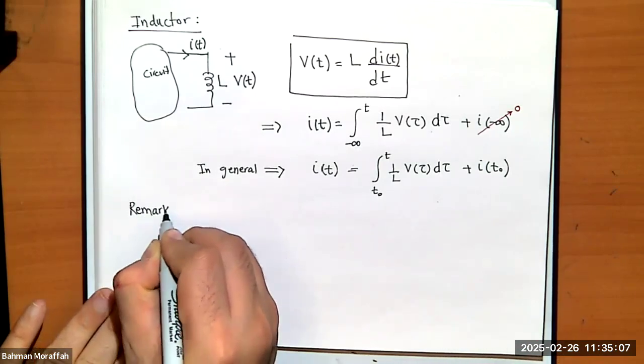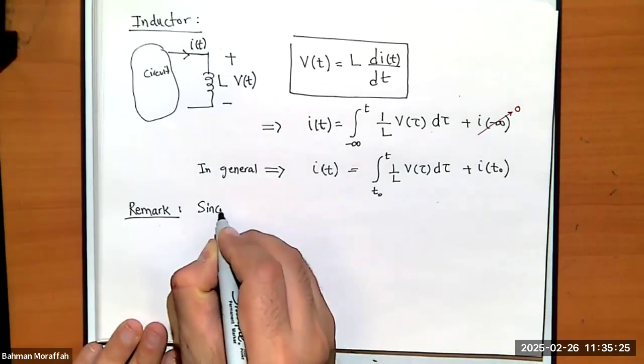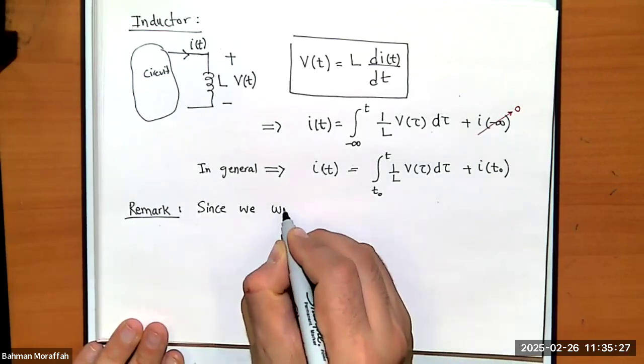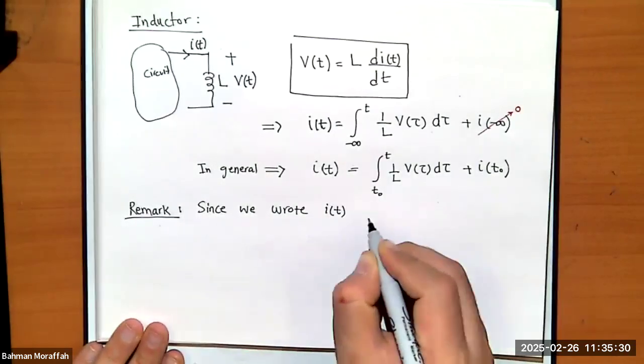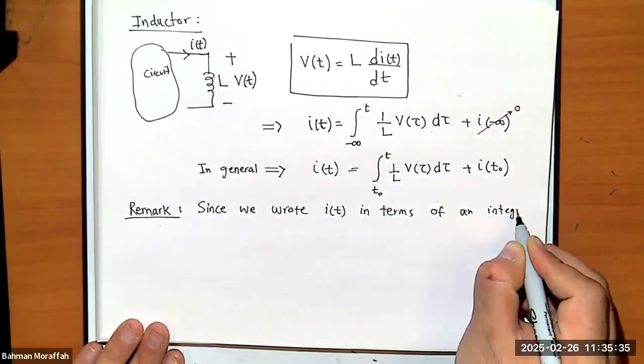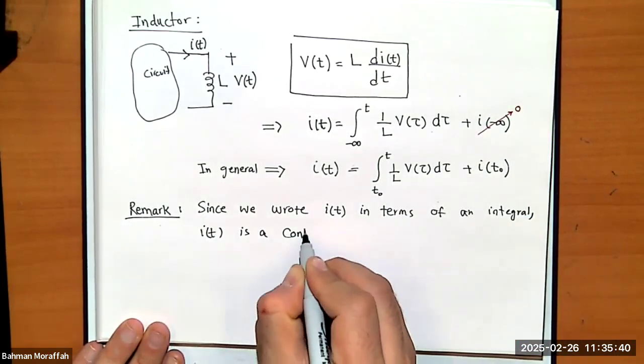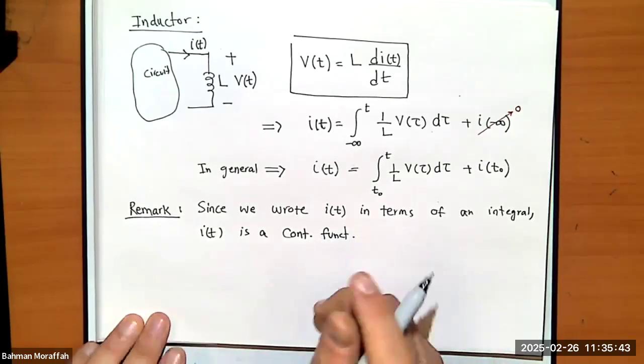Remark: we were able to write I of t in terms of an integral. What it means is that current through an inductor is continuous, since we wrote I of t in terms of an integral, so it is a continuous function.